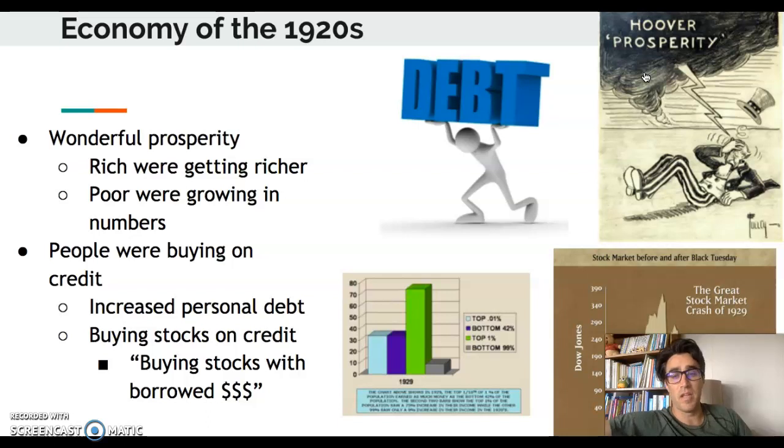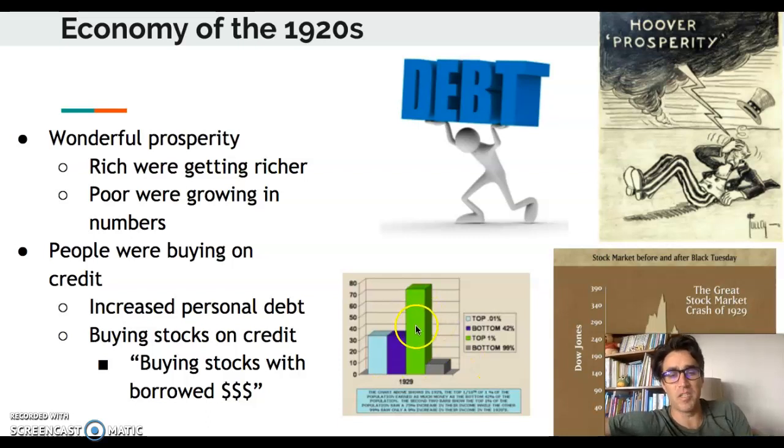And as you can see from this graph right here, the rich were getting richer. The top 1% had the same amount of money as the bottom 42%. So if we had 1,000 people in our school, one person would have the same amount of money as 420 other people, I'm sorry.